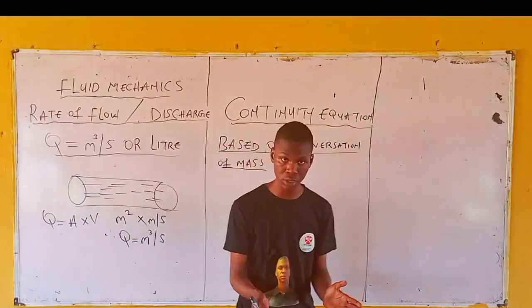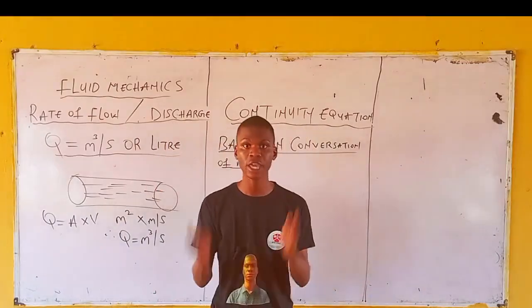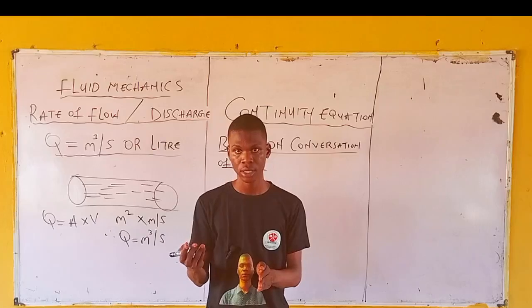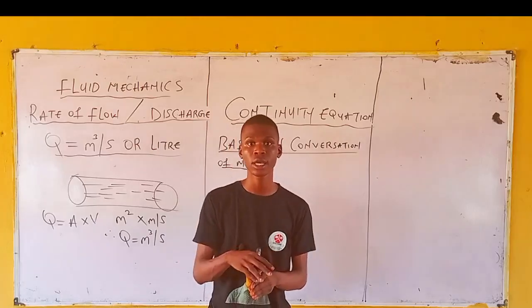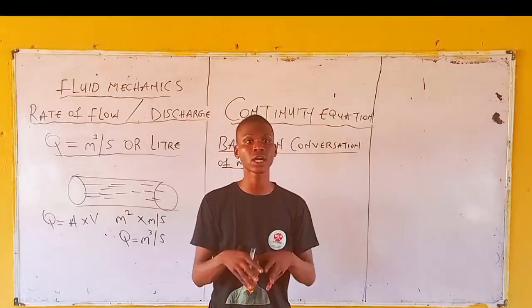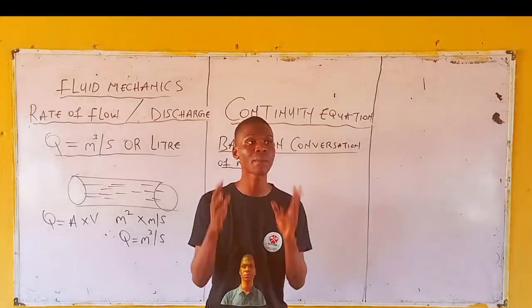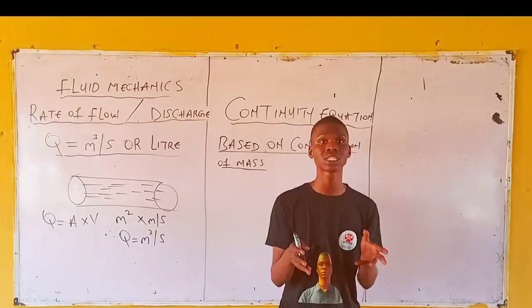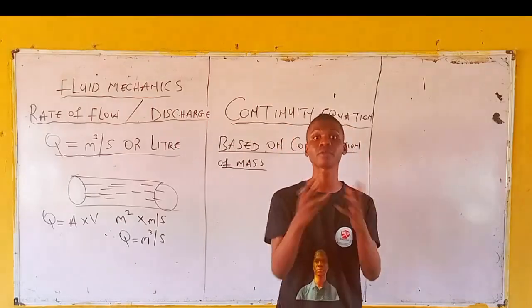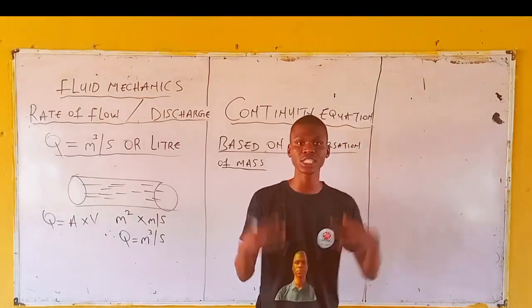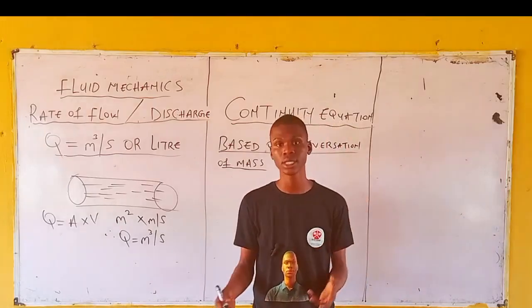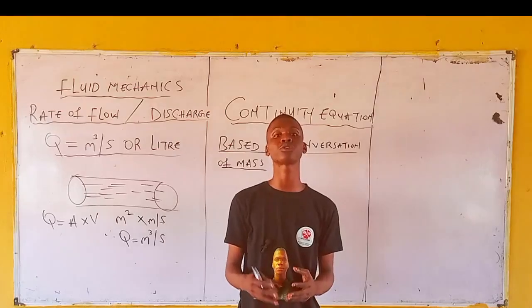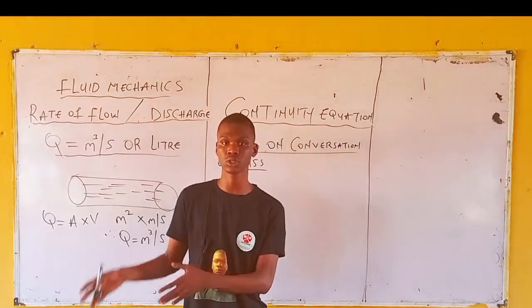If no fluid is added or removed in any length of the pipe, the mass passing across different sections shall remain the same. In other words, the rate of flow entering a section is equal to the rate of flow leaving that section.